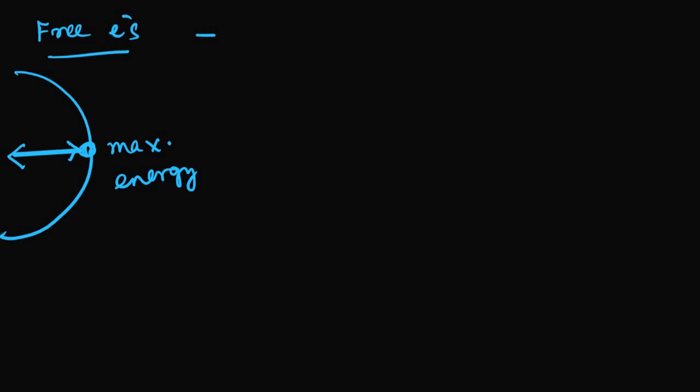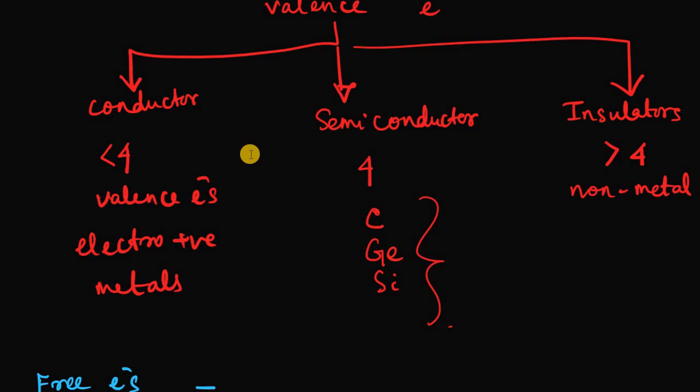The greater the energy, we know, the less bound to the nucleus. But particularly in metals, the valence electrons possess so much energy that they are very loosely connected. As I already stated, in a conductor the valency is less than 4, which means the attraction between the nucleus and the electron is divided between 2 to 3 electrons.